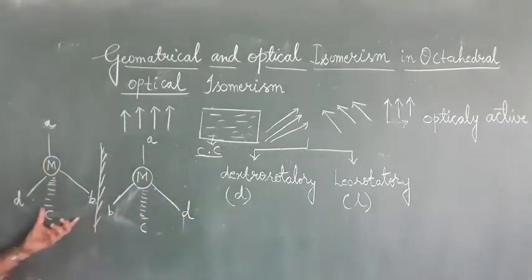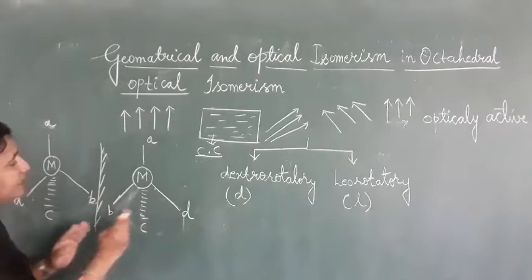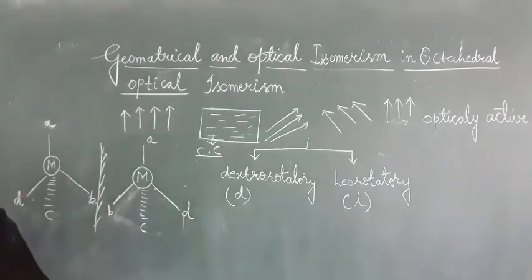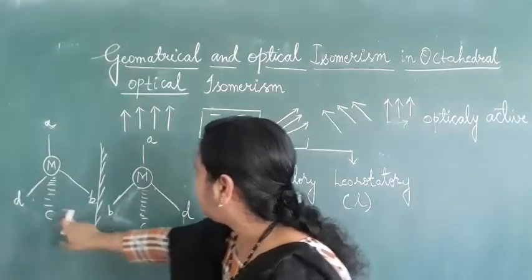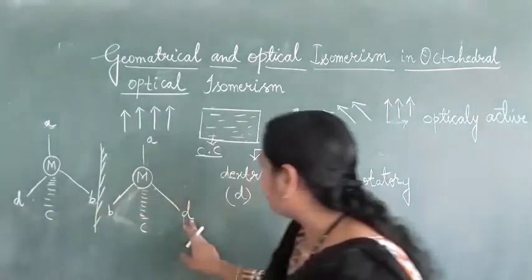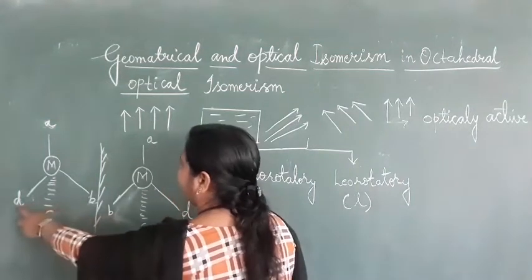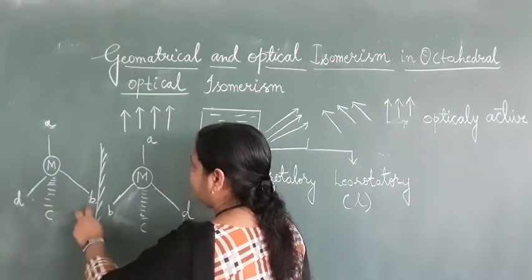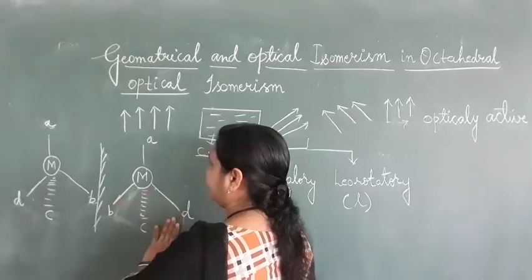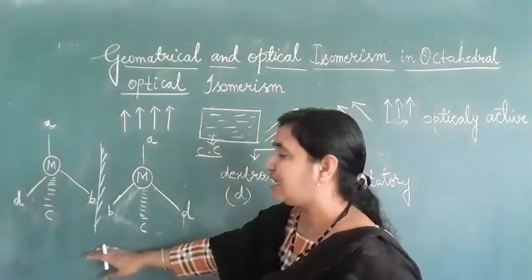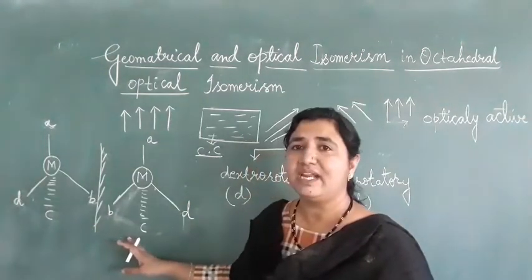Now if we want to put this structure on this one, the mirror images are not superimposable, because here we have B and here we have D. If you put it on this one, in this place we have D, so it will not cover. In this place we have B but here we have D. So they will not cover this structure. That's why this type of mirror images are called non-superimposable mirror images.